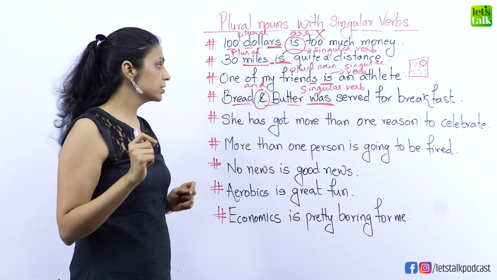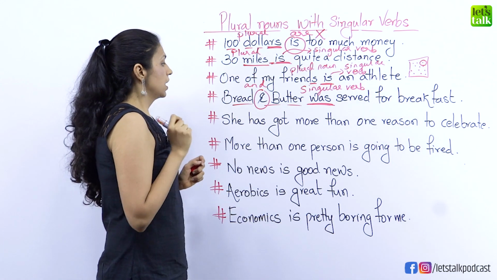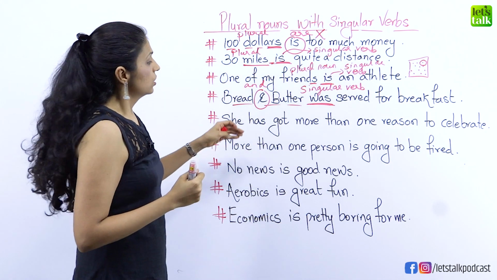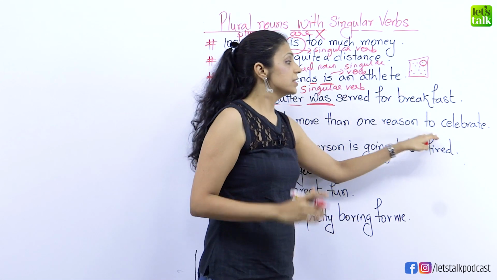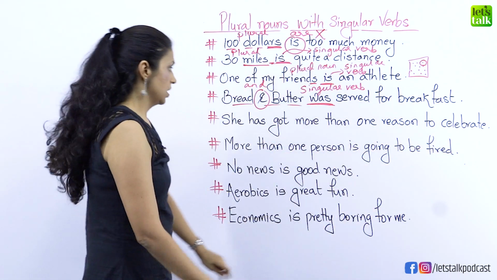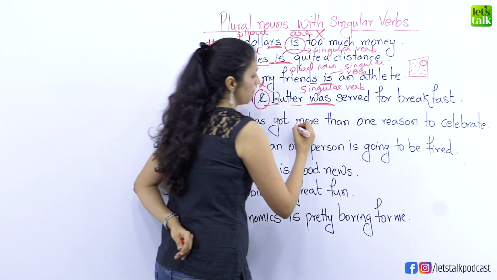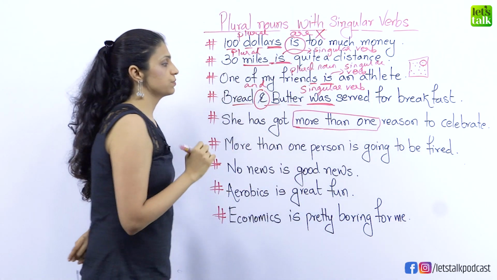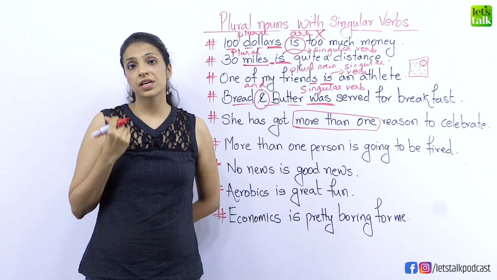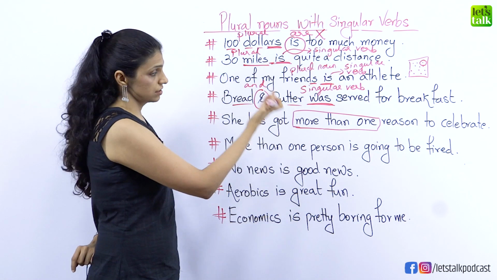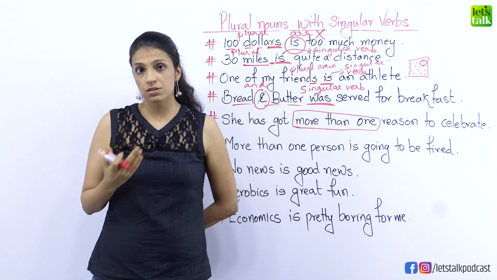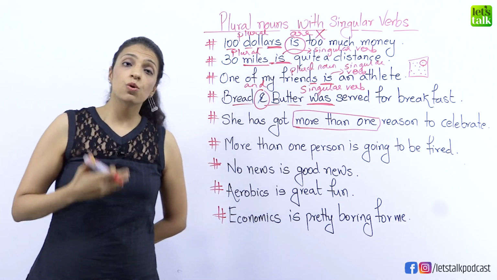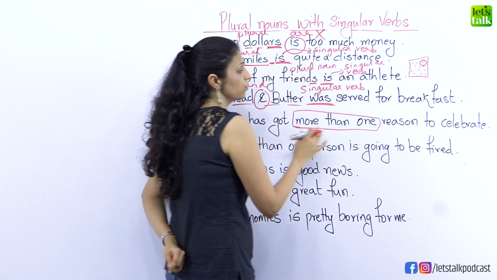Followed, friends? Remember this. Now, the next one is she has got more than one reason to celebrate. Let's deal with more than one. Okay, so when you use this expression, definitely it's very clear, it's so expressive, it's more than one. That means obviously there could be many reasons, there could be two or more, but she has got more than one.